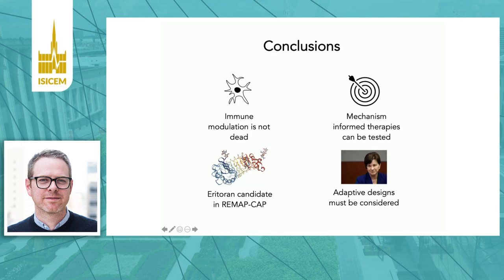Could eritoran be a candidate? It's being loaded into REMAP-CAP along with many others into an immune modulation domain. There's the I-SPY COVID network that's also doing phase 2 trials of a variety of immune modulators, as well as a proposed ACTIV-3 trial from the NIH.